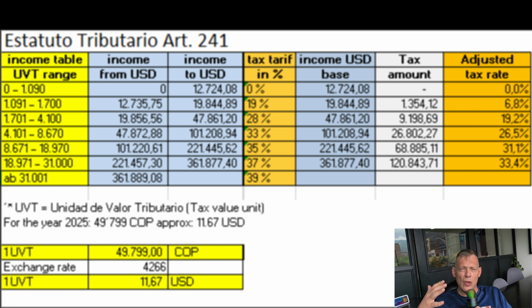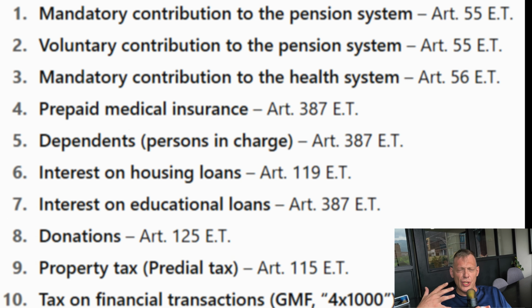This is not your gross income, this is the adjusted income, because here in Colombia you also have a lot of tax deductions, so costs you can deduct, like healthcare, and so on. And it would go too deep if we went into all these tax deductions.